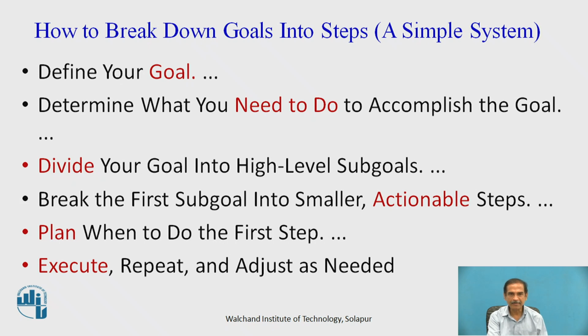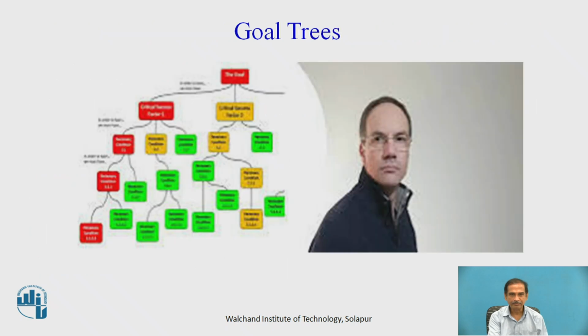You break the first sub-goal into simpler, actionable steps, and then you plan when to do the first step and how long you are going to be with the first step before you select the second step. Then you go for execution of all these steps and then repeat and adjust as required for generating your solution.